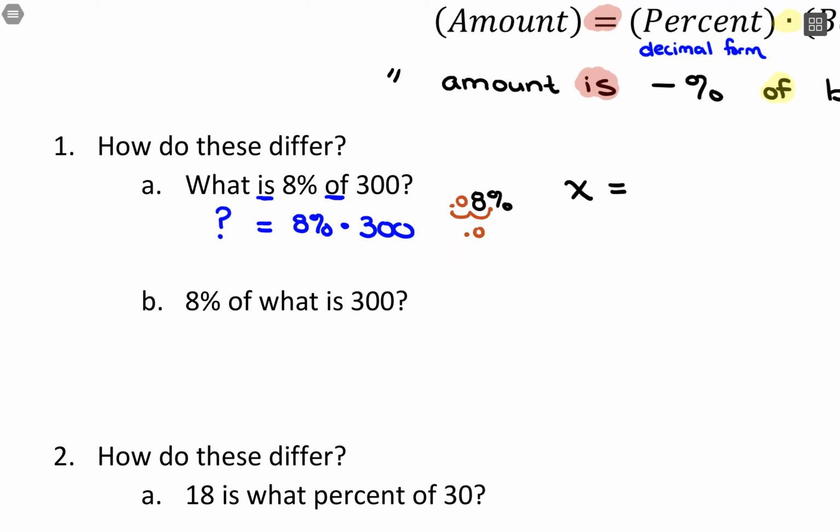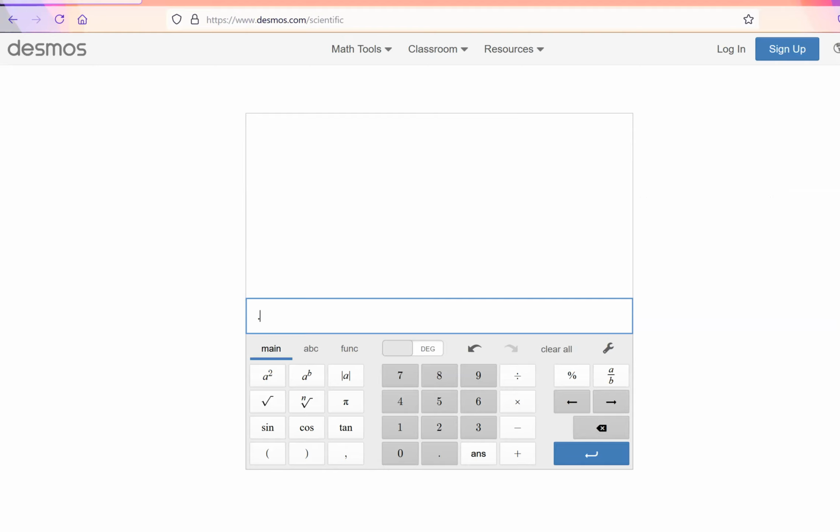So this is the same thing as 0.08. So I want to take 0.08 times 300. And from there, I can just use a calculator to help me out. 0.08 times 300 is 24.